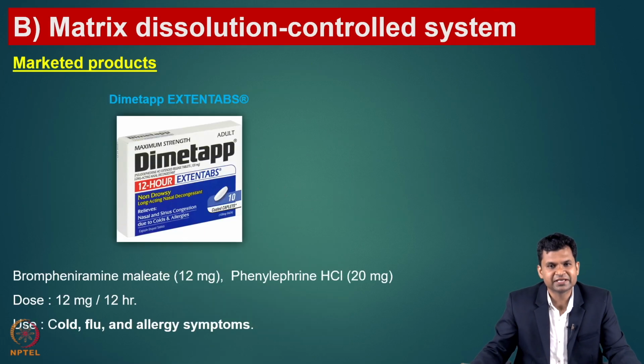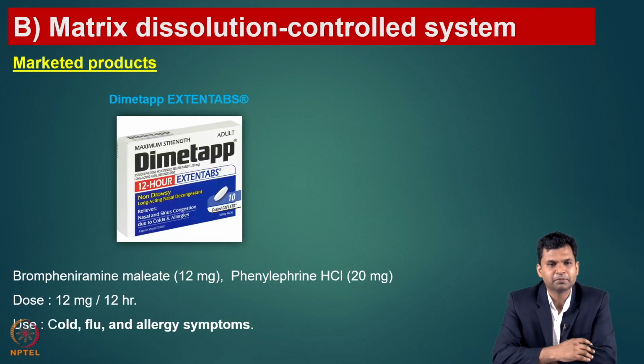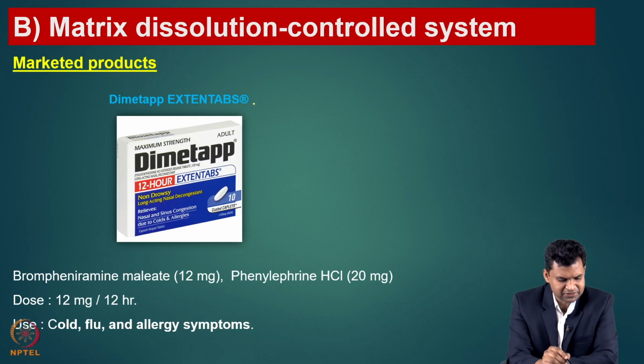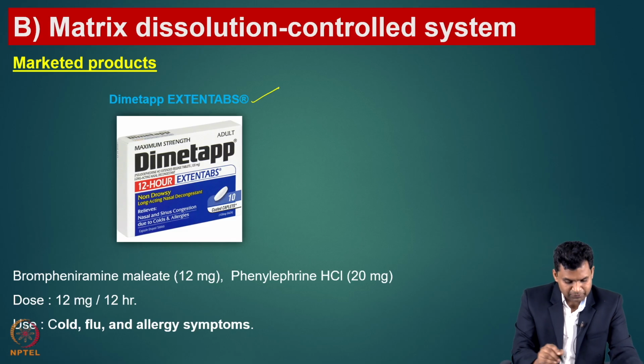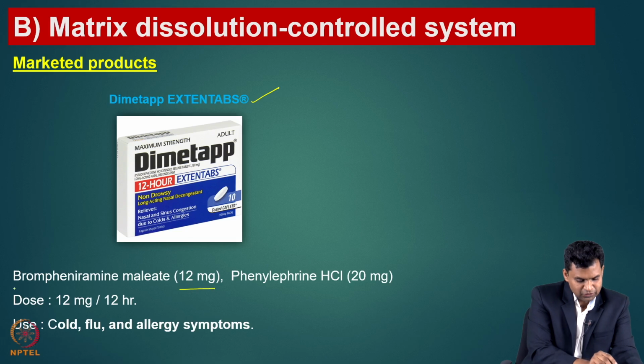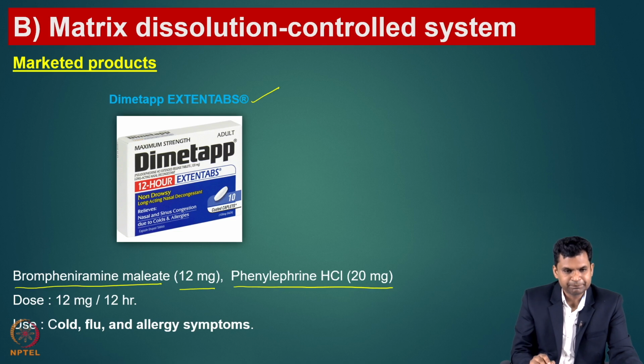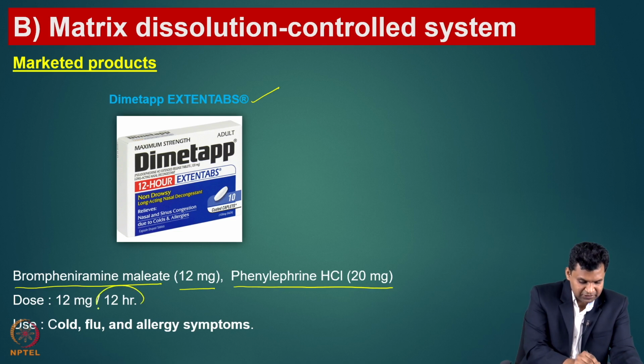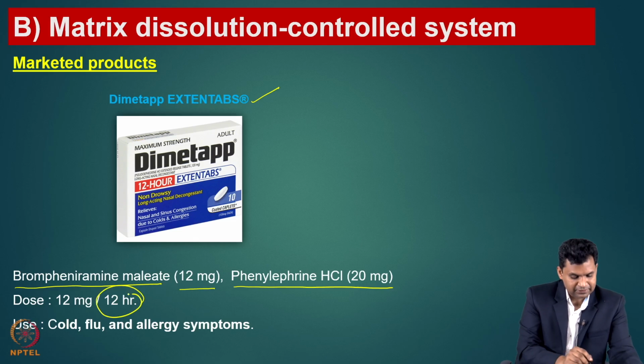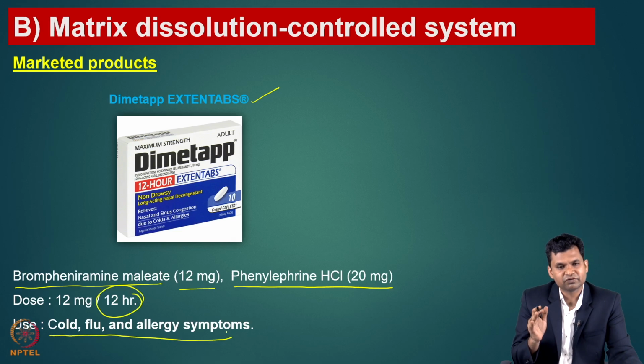These are some examples available in the market. The brand name is Dimetap Extentabs, which comes in the market as 12 mg of brompheniramine maleate and phenylephrine HCl at 20 mg, and can be used for 12 hours for the therapeutic indication of cold, flu and other allergic symptoms.